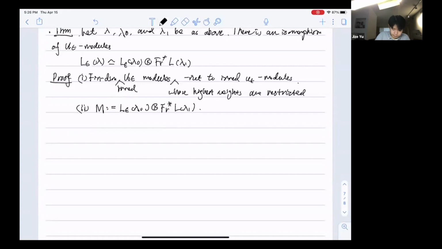Then as vector spaces, we see that this Frobenius pullback of L lambda 1 is isomorphic to the Hom space of these two small U_epsilon modules, L_epsilon lambda 0 and M. This is by the first lemma.